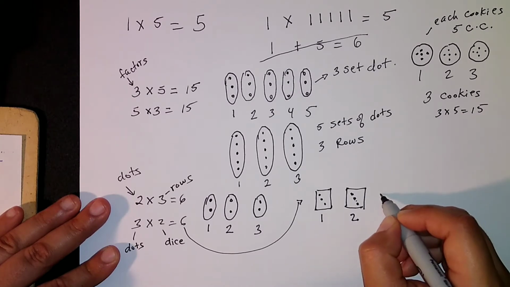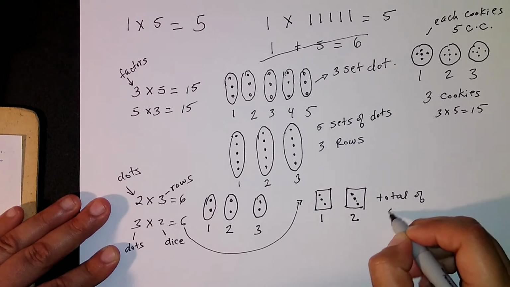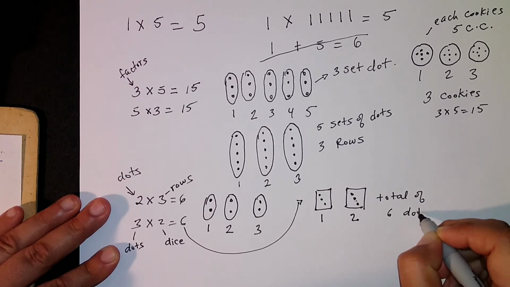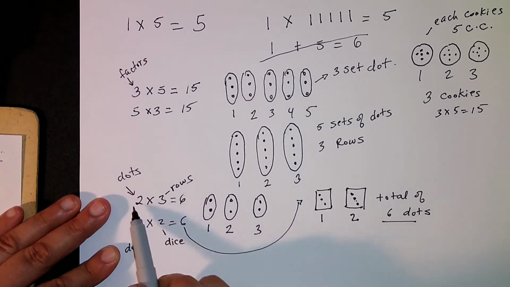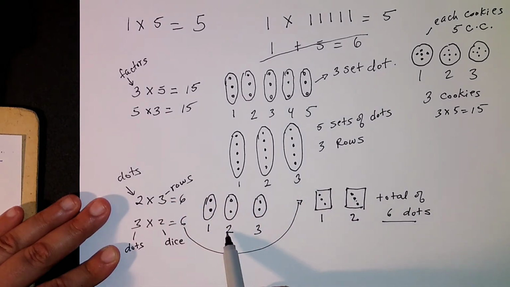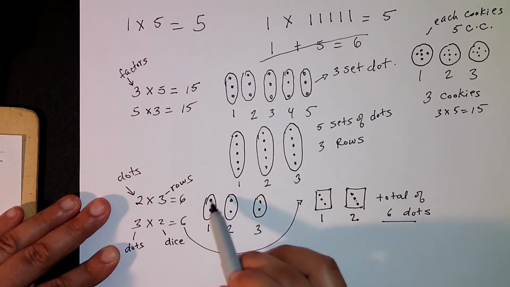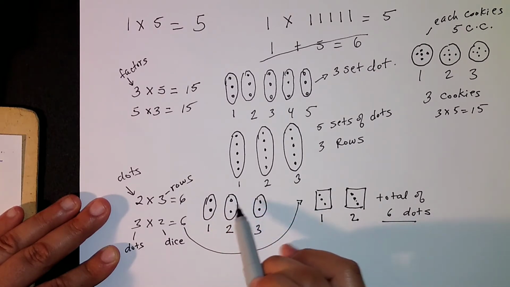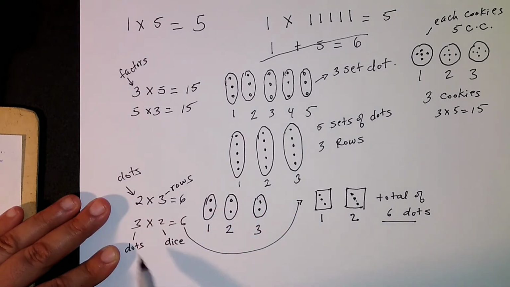We have a total of 6 dots. So 2 times 3, 3 rows, 2 dots in each row, and you count 1, 2, 3, 4, 5, 6. 2 times 3 is 6.